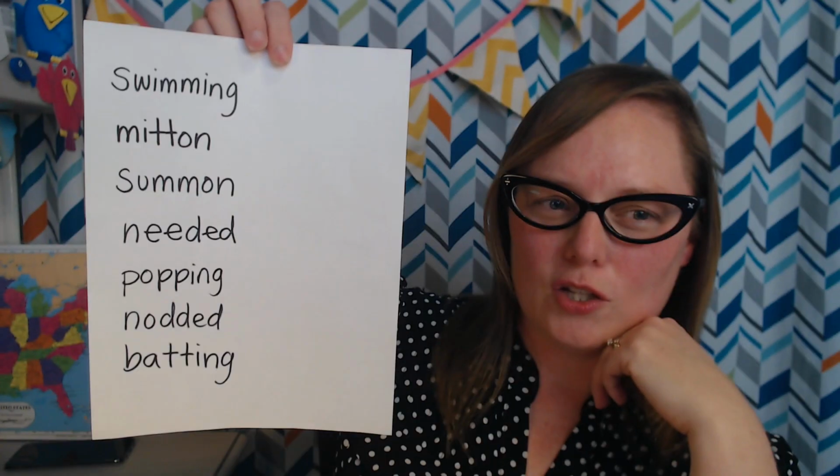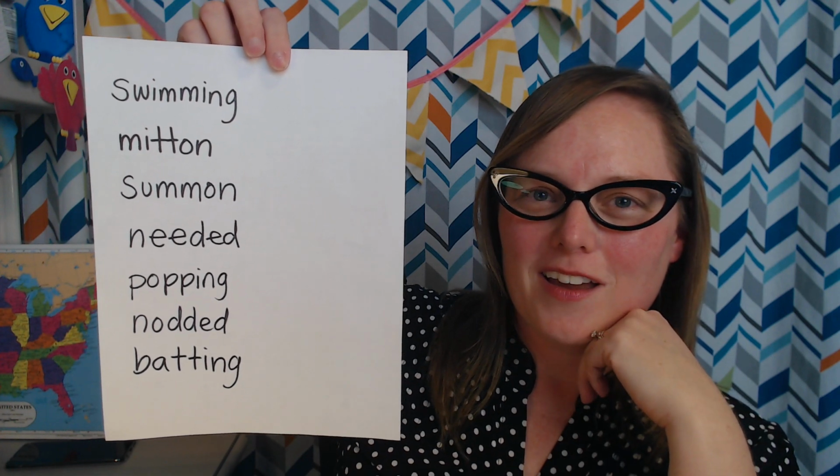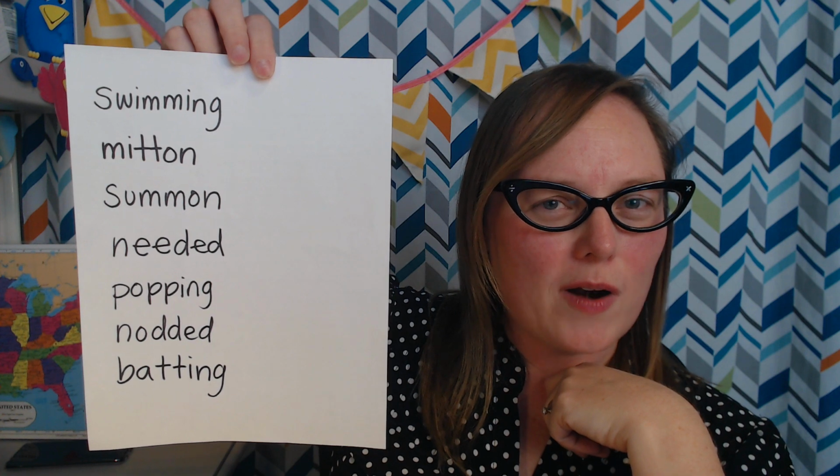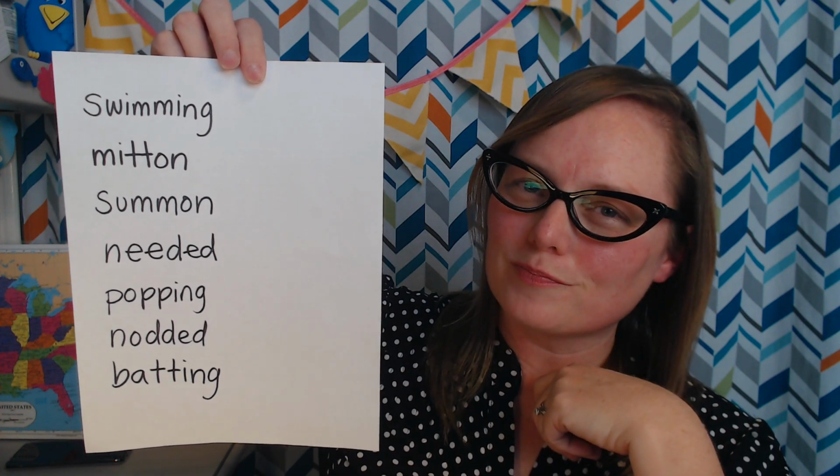Swimming. And I would go through the whole list, letting them write them down each time. All right, everybody, let's check and see what you got right. Pause the video and see how many words you got right and how many you got wrong.